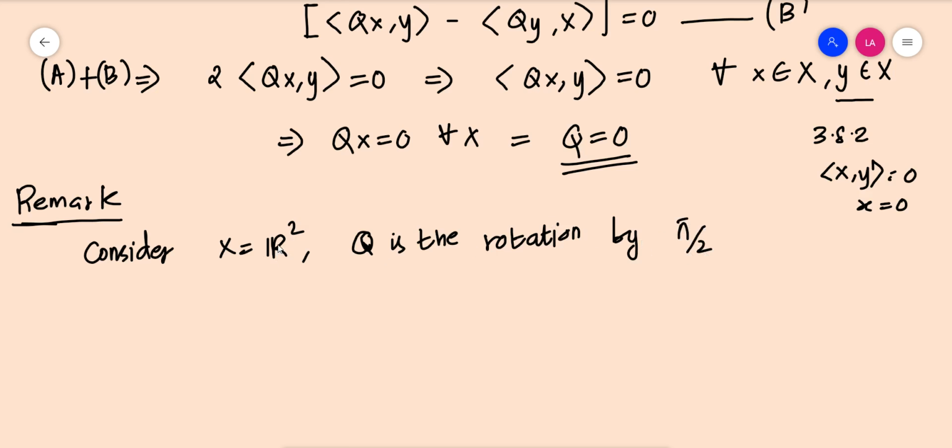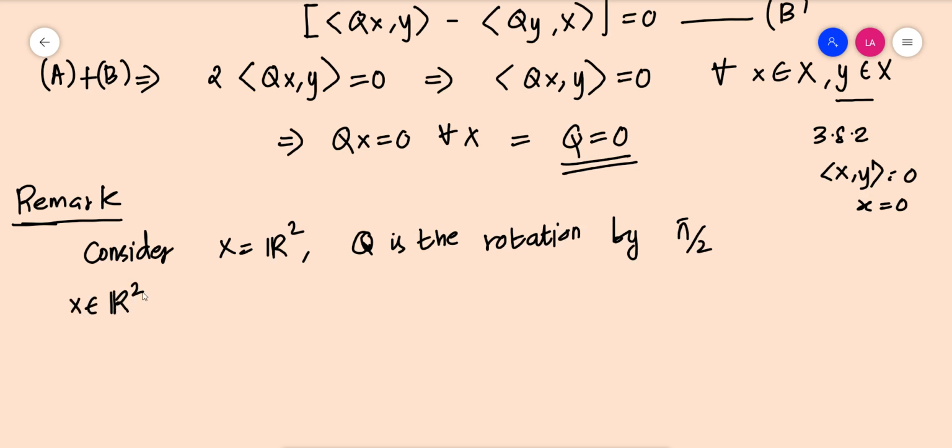So for every element in R squared, Q rotates an element (x, y) by a degree of pi by 2.